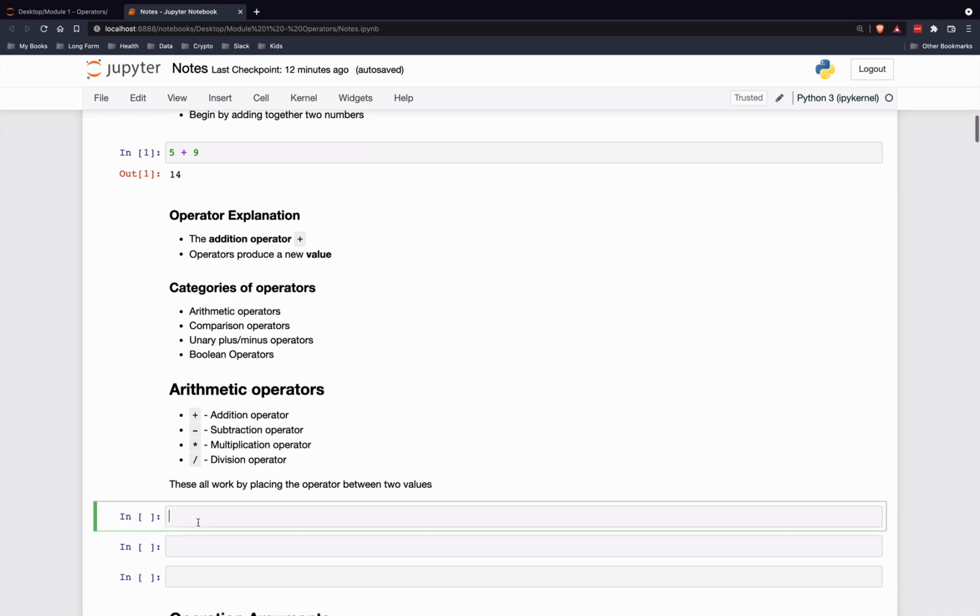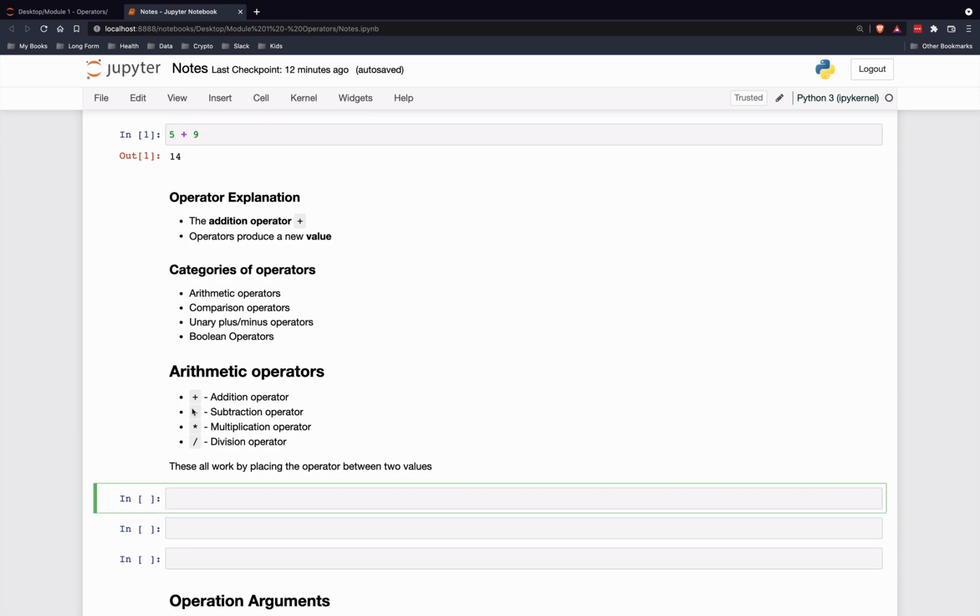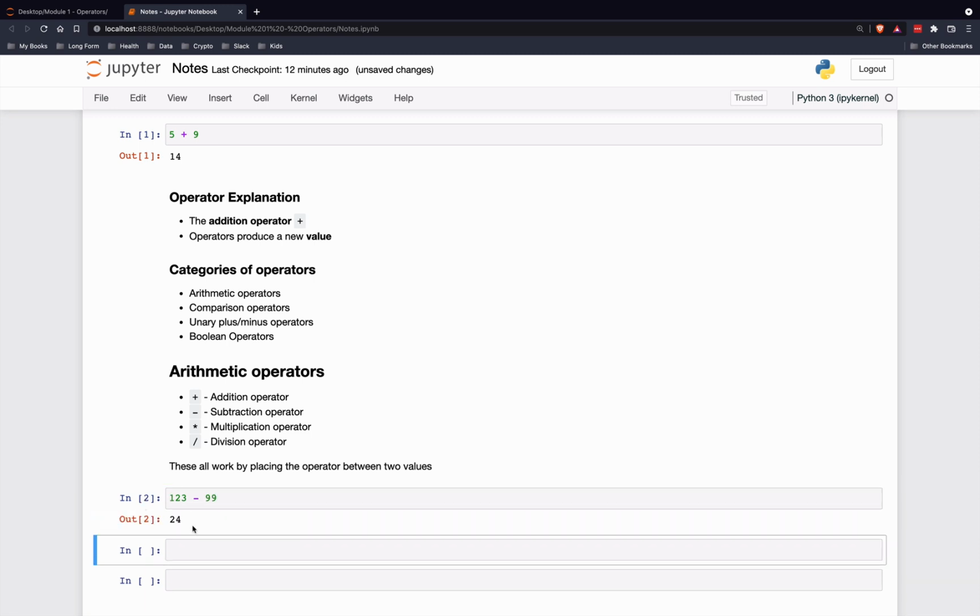Okay, so let's go ahead and continue along here. The plus sign is what does the addition. We're going to use this hyphen or just minus sign for subtraction. Let's see that. So 123 minus 99, and that does subtraction. This asterisk character does multiplication, not x. So let's say 4 times 86.